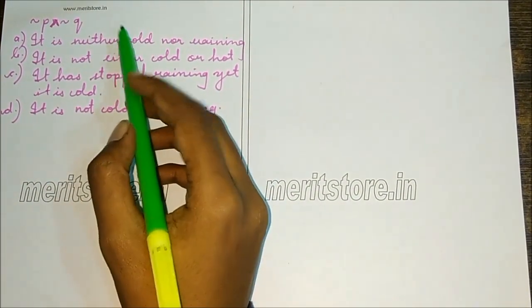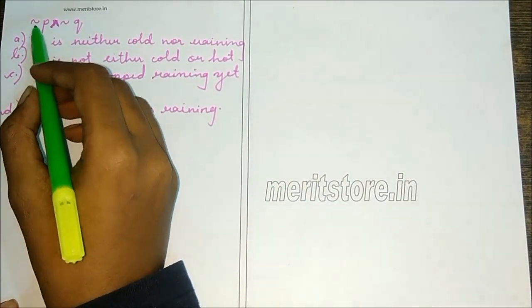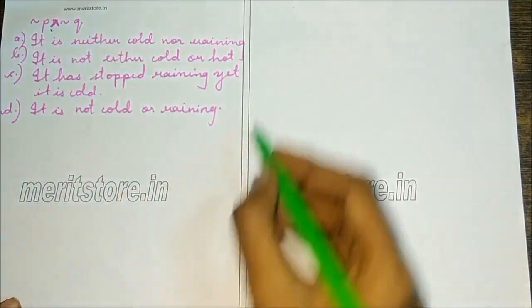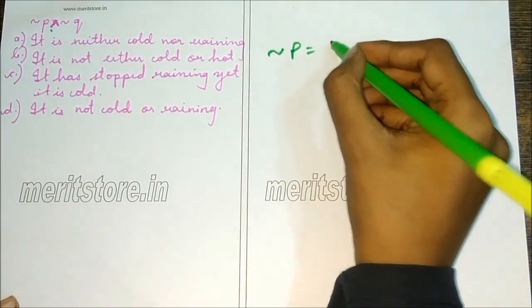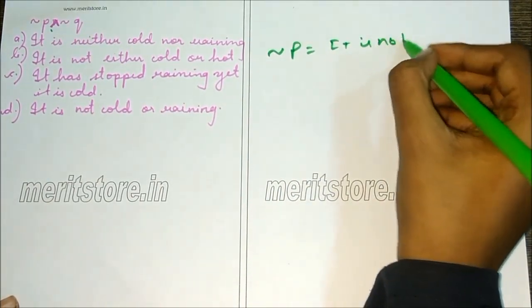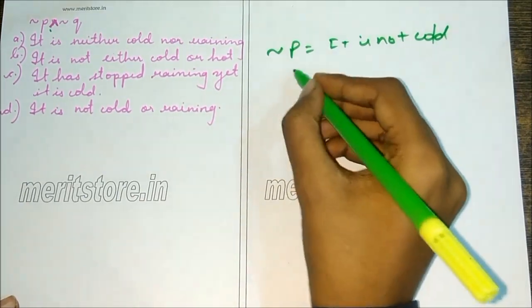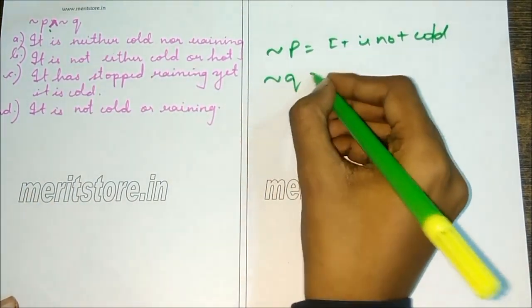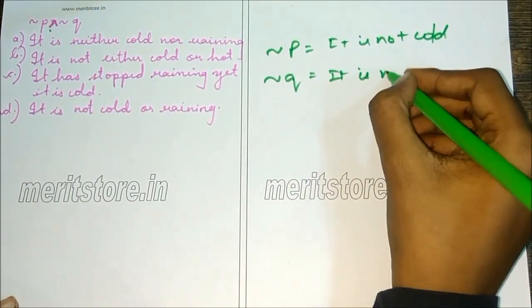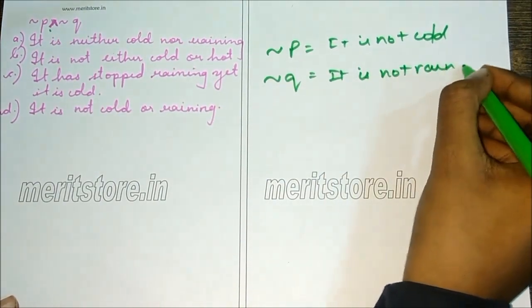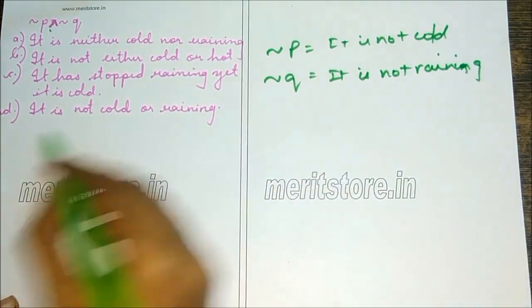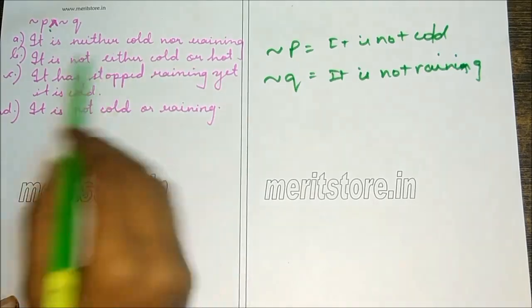So this is similar to the previous question. So it is negation of P and negation of Q. So negation of P is it is not cold, since P was it is cold, and negation of Q is it is not raining. Let's check the options.